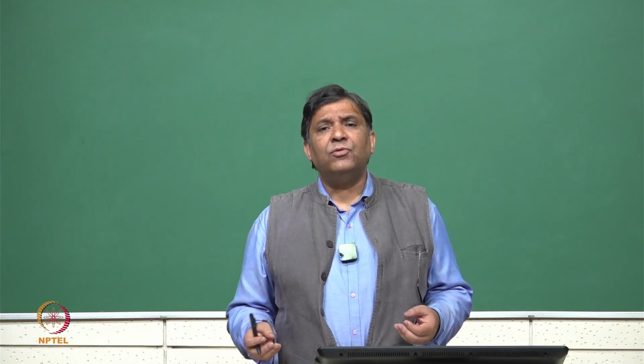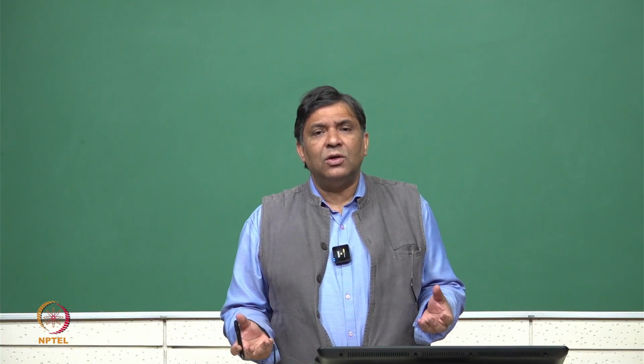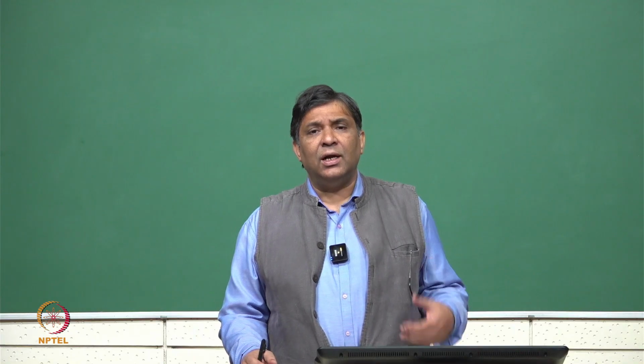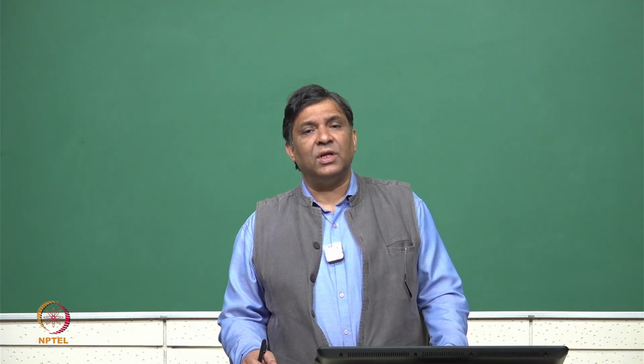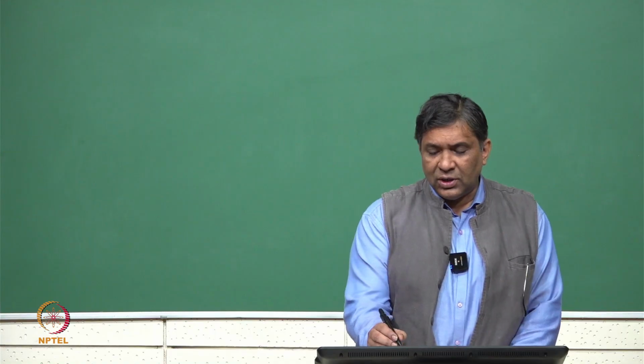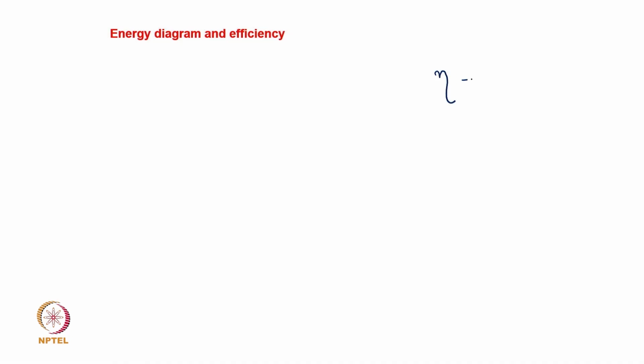Therefore, we can consider them as a Carnot engine, as we discussed in the case of TEG also. Generally this theoretical efficiency is 1 minus Tc by Te, where Tc is the temperature of the cold junction and Te is the temperature of the hot junction.